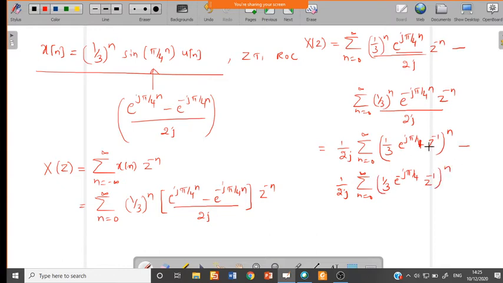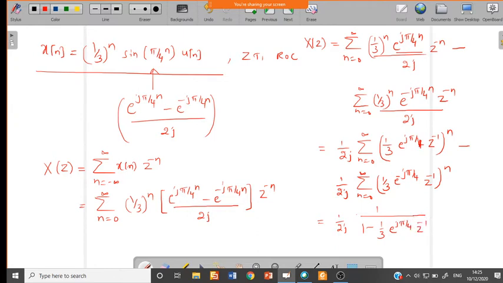Okay, so now what is this alpha power n? We can take this term as completely alpha, and we can express this as 1 by 2j into 1 over (1 minus (1/3) e^(jπ/4) z^(-1)).